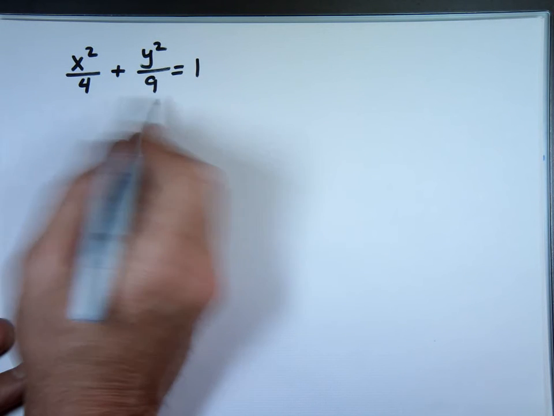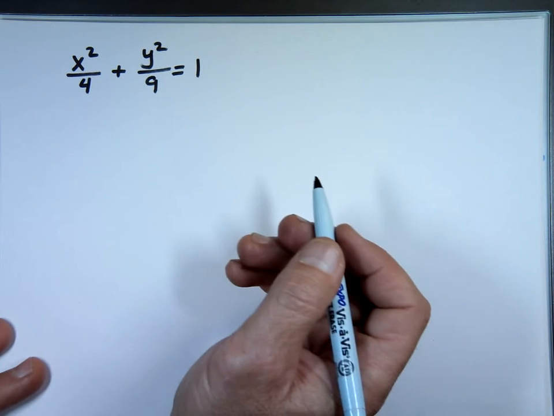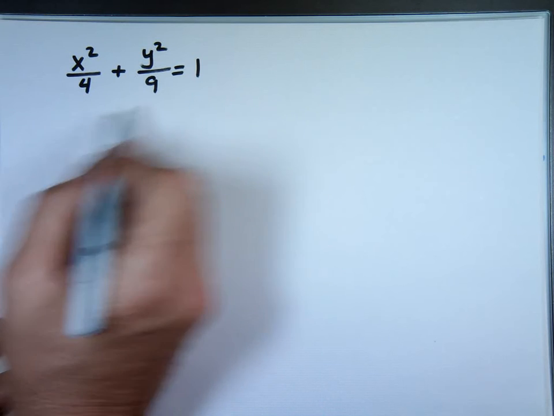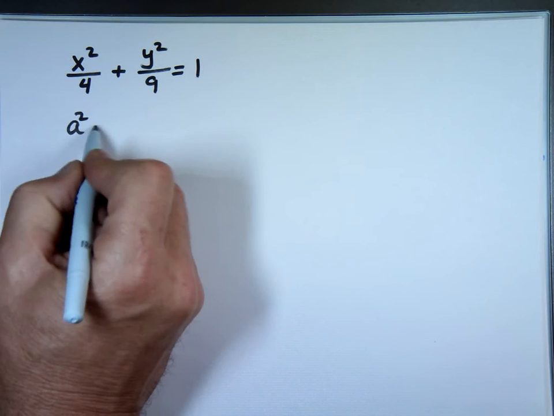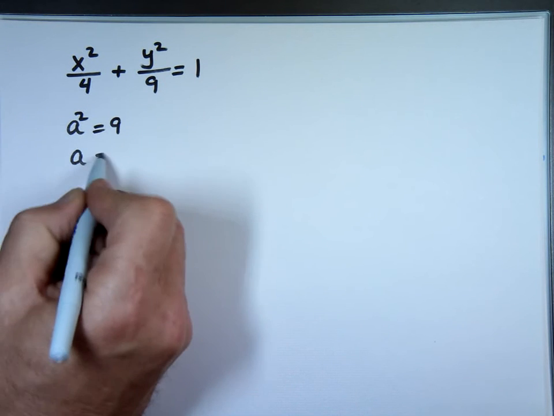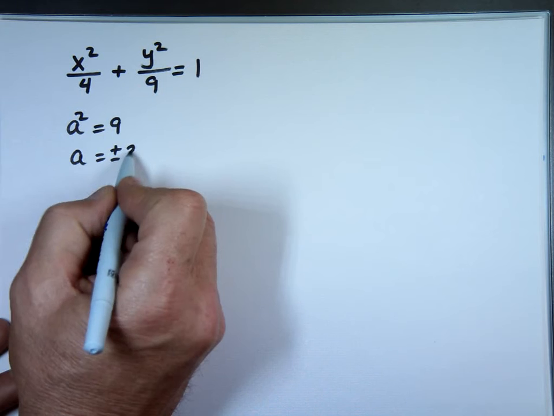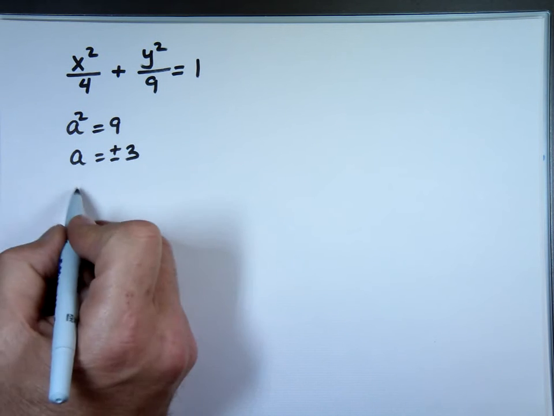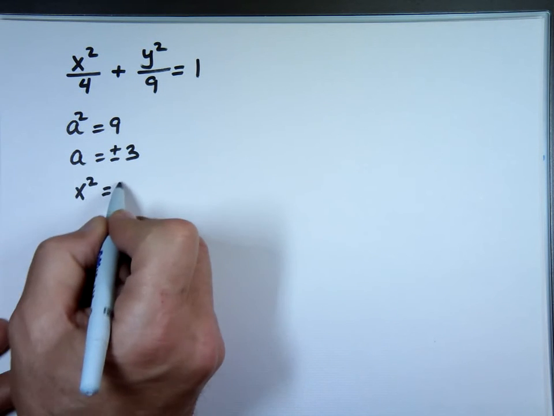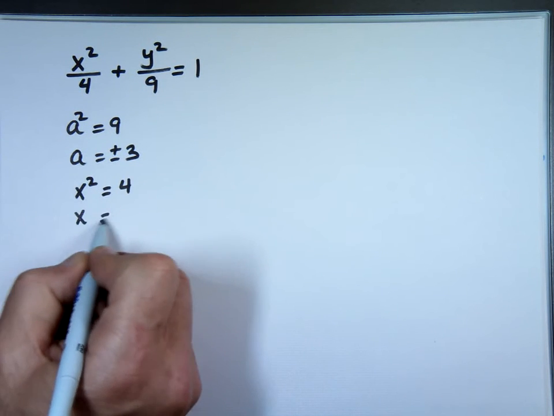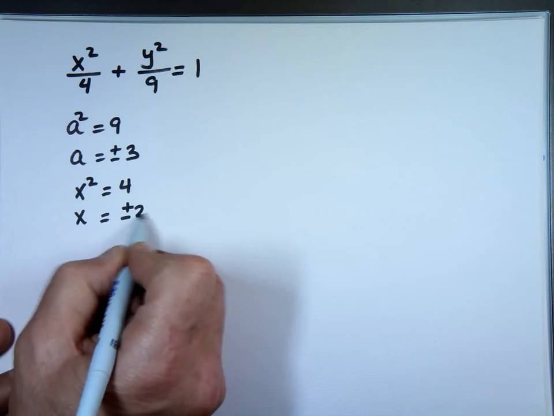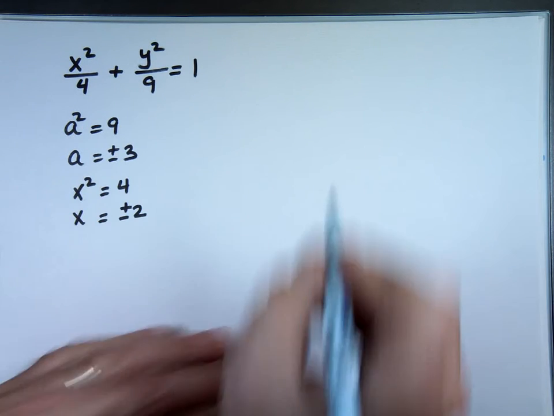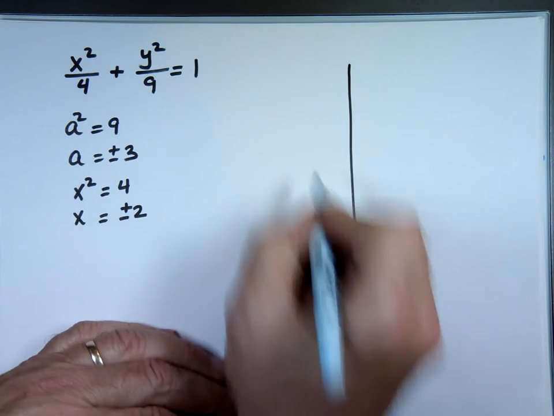Now, which one's the bigger one? 9, right? So a squared equals 9. A equals plus or minus 3. B squared equals what? 4. B equals plus or minus 2. Notice the 9 under the y. That means it's going up and down.